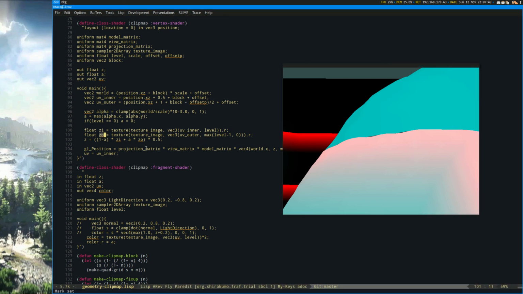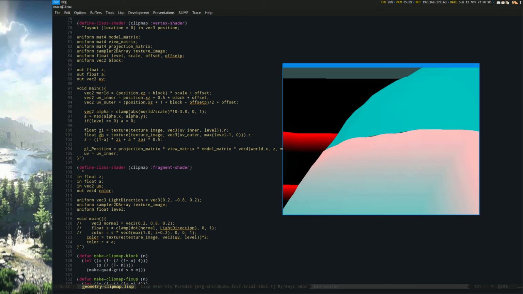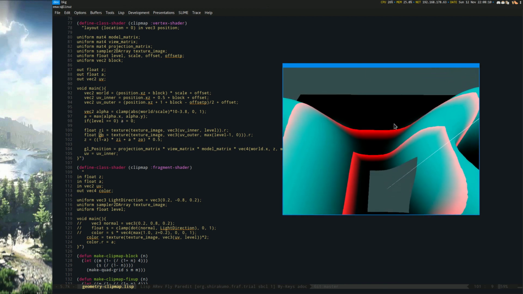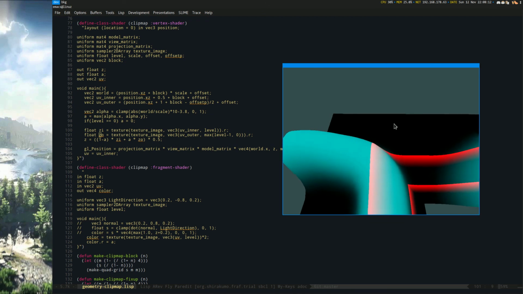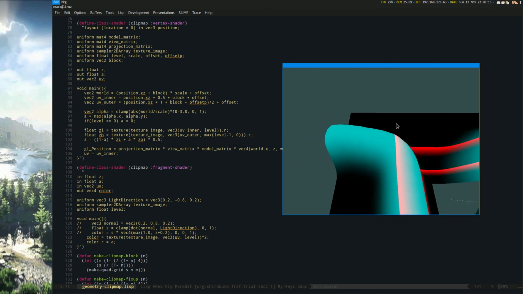So the ZO... If alpha is 1, then we're taking ZO, which is the outer level. Yeah. And if alpha is 0, then we're taking the inner level. Which is the way it works right now, I think.